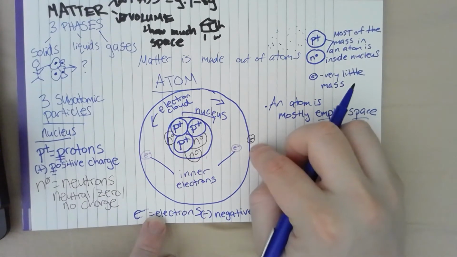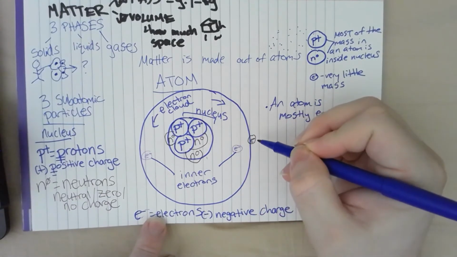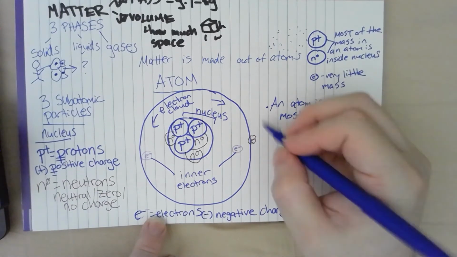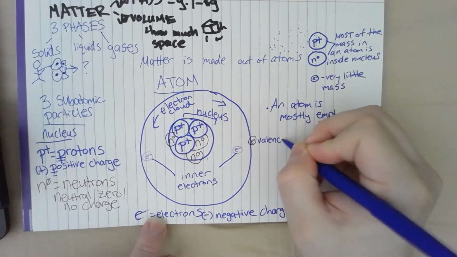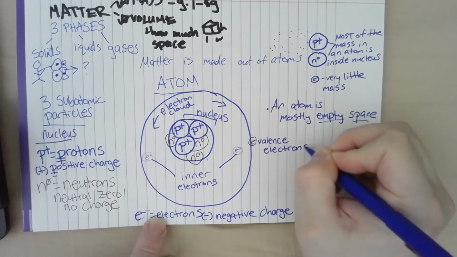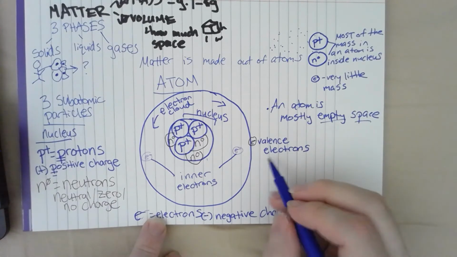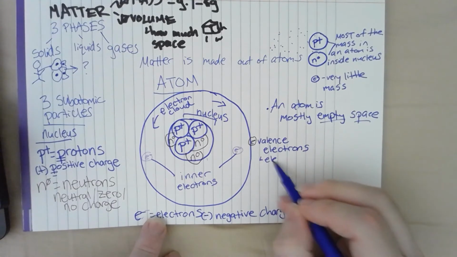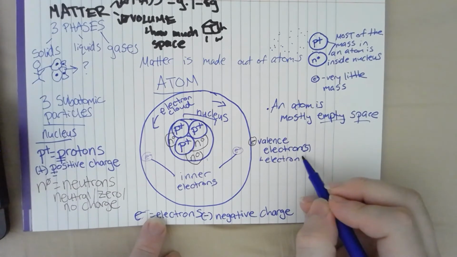This electron that is the farthest away from the nucleus has a special name. We call this a valence electron. A valence electron can be one, and sometimes it can be more than one.